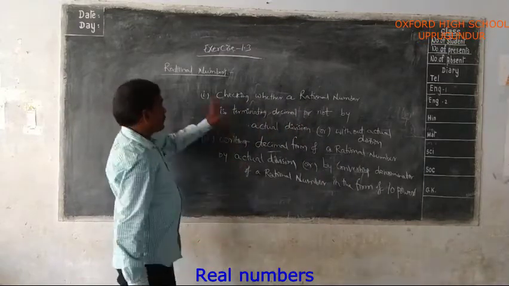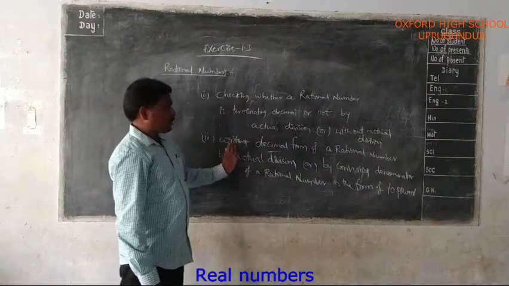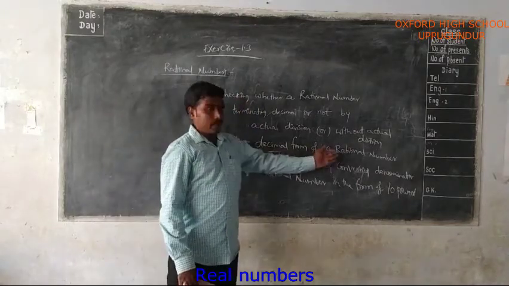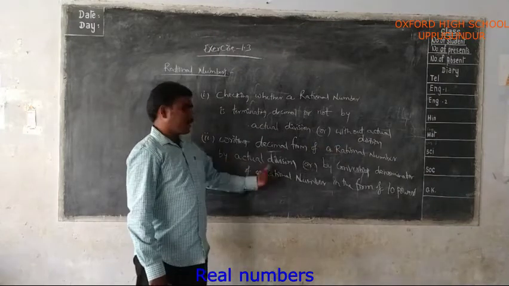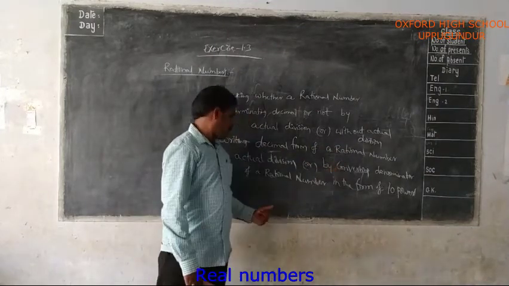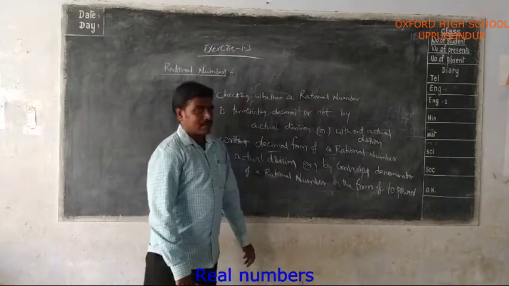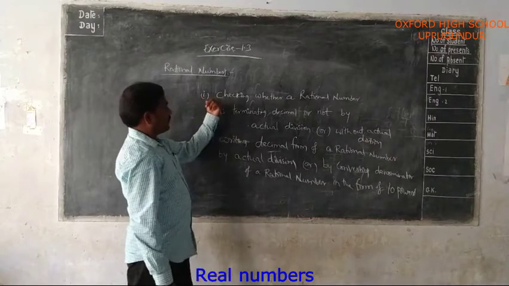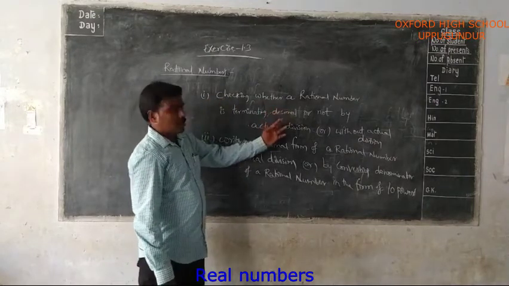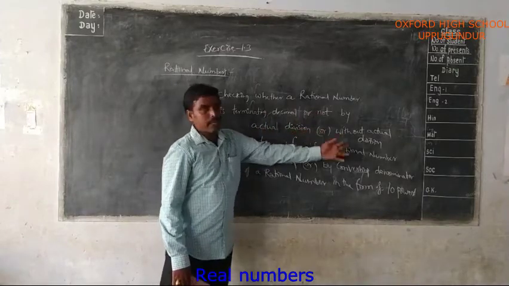So this exercise 1.3 is based on these two models. First one is writing the decimal form of a rational number by actual division or by converting the denominator of the rational number into the form of 10 powers. Next one is checking whether a rational number is terminating decimal or not by actual division or without actual division.